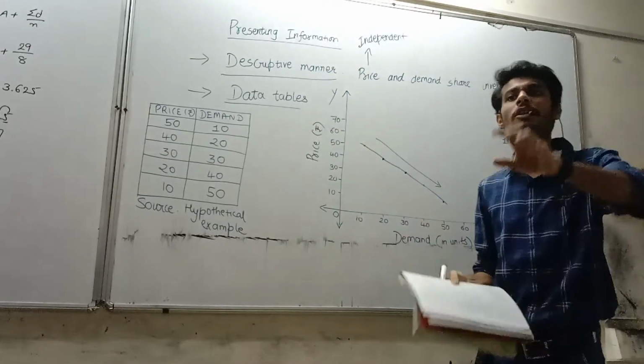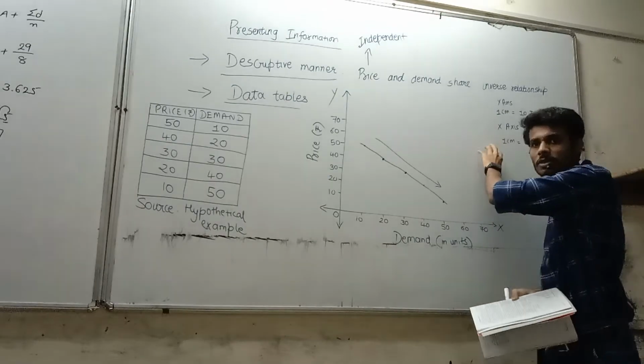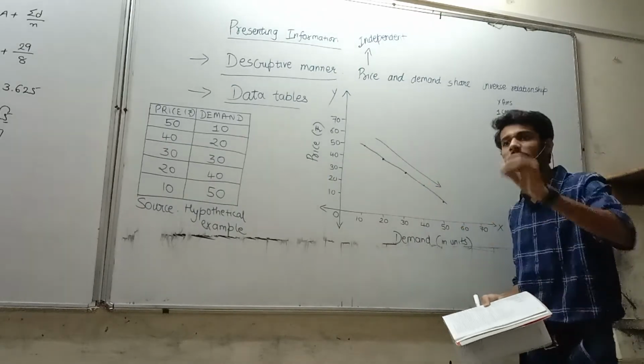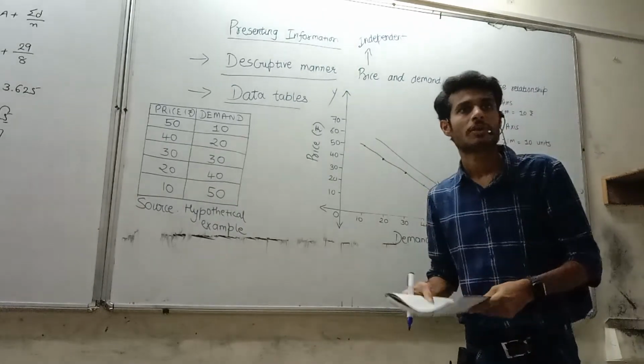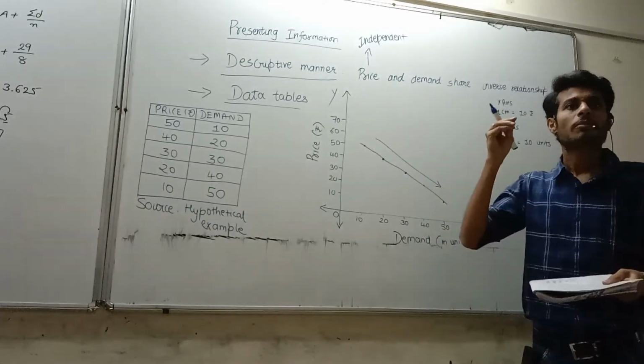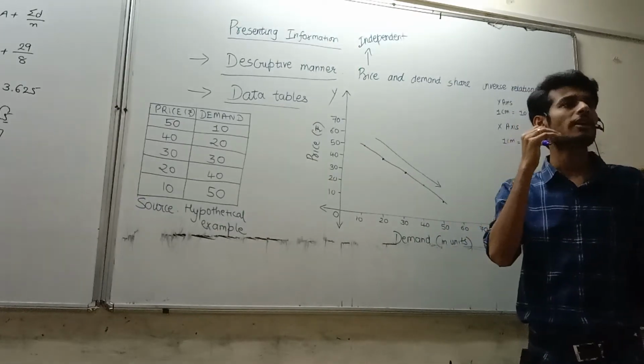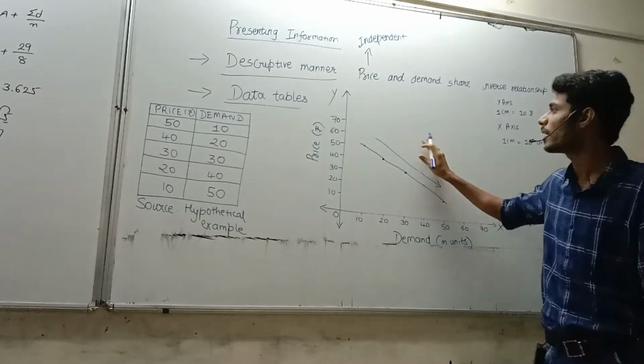Right. So similarly, you should know when to take what amount of scales to represent the data in a better or an easy manner. Because whoever is the examiner or whichever person is going to use this data, he should be easily able to understand what this diagram means to say.